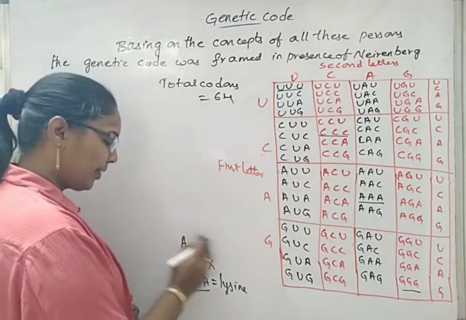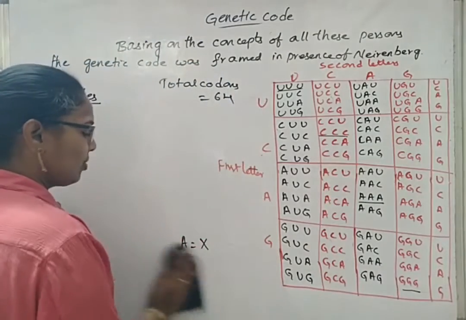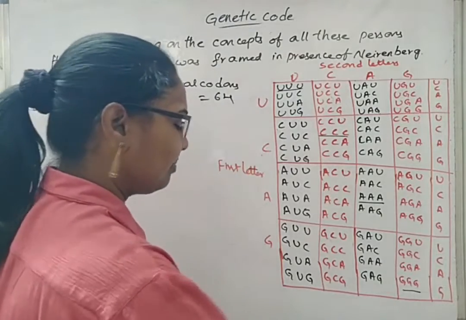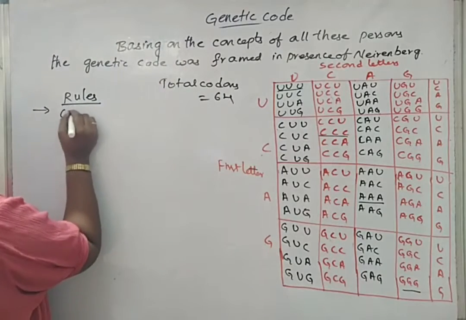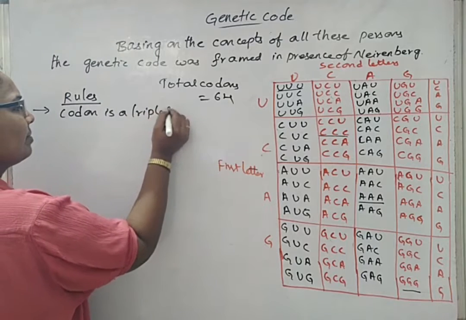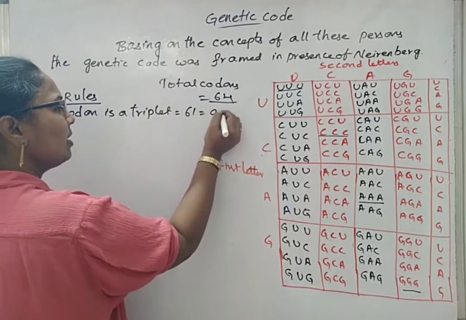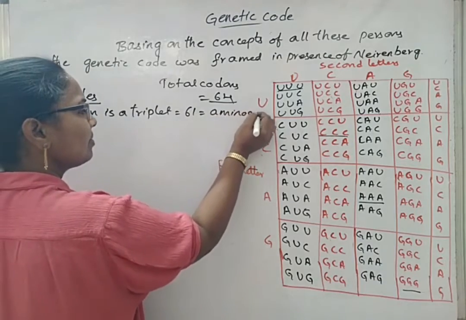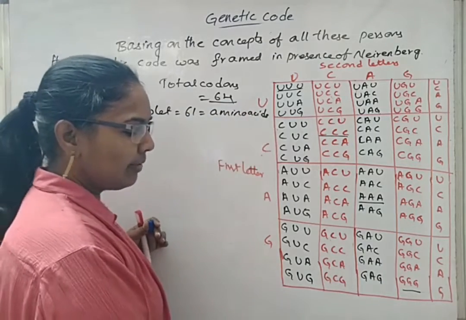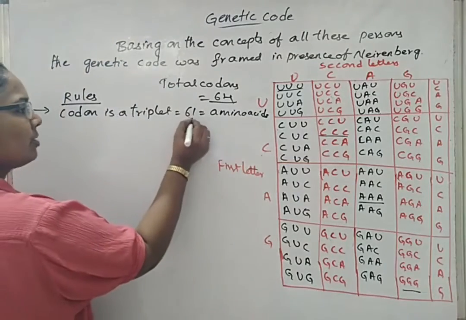It means that the codons are in the form of triplets. So the first rule is the codon is a triplet, and out of 64, 61 are giving out amino acids. 3 are not giving out any amino acid because they are considered as stop codons.